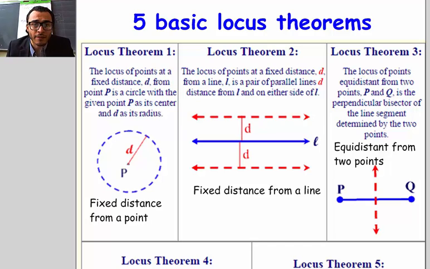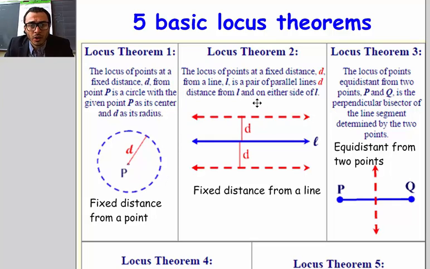We've looked at 5 locus theorems so far, so that's why we've had 5 separate videos prior to this one. In the first video we looked at the locus of points a fixed distance from a point. That was the cell phone video, and remember the next day we did a cell phone tower investigation sort of thing, and we said that the locus of points a fixed distance from a point will produce a circle.